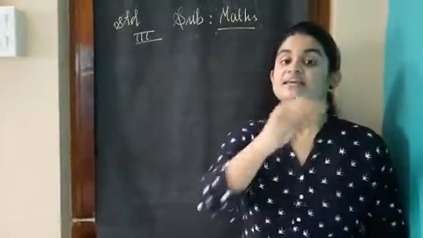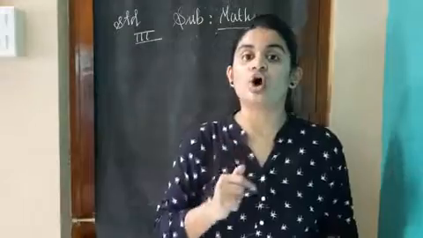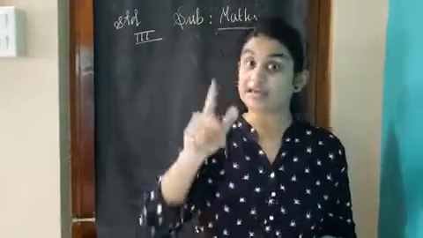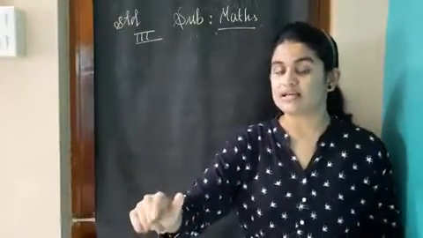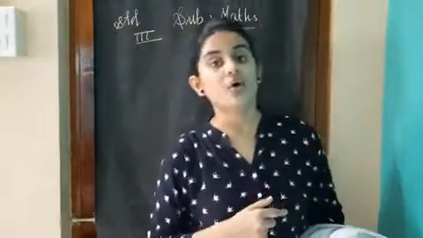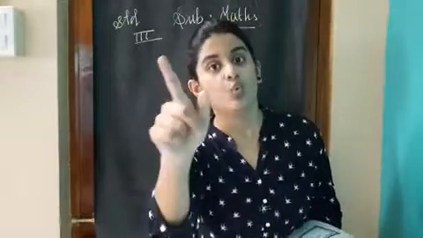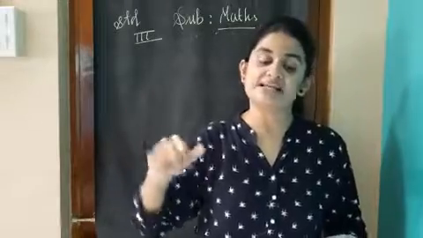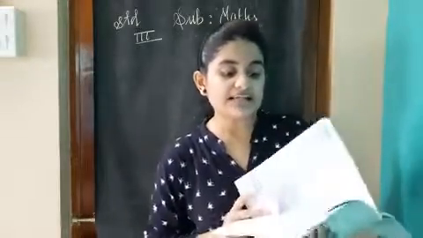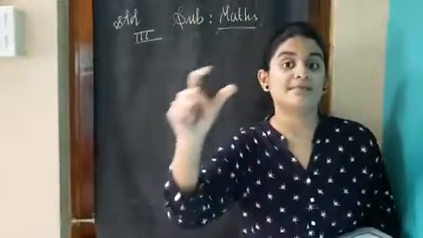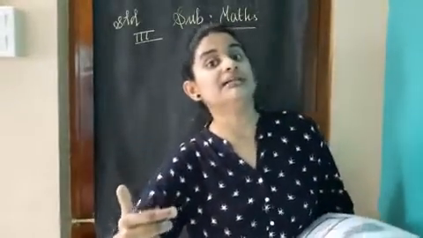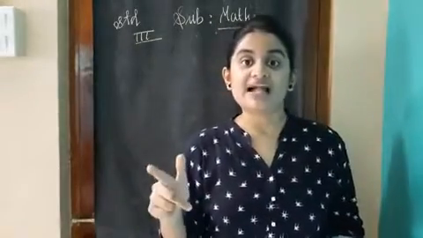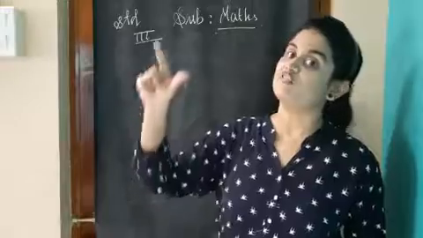So students, in the last lecture I took your revision, meaning I took your practice, of the lesson coins and currency notes. So in today's lecture we are going to practice lesson number 1, and that is multiplication. Okay students, and the third lesson, which is measurement, I will start in the month of October. Okay students, I will start teaching that lesson from the month of October.